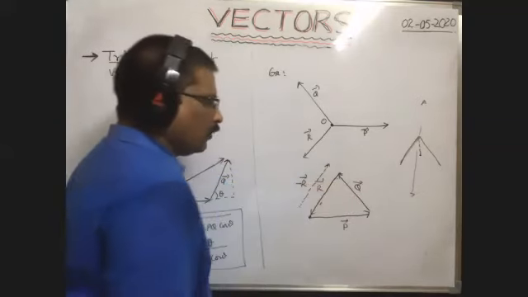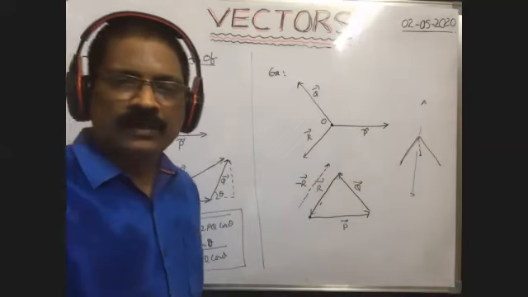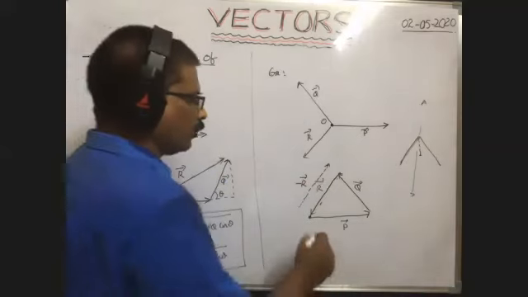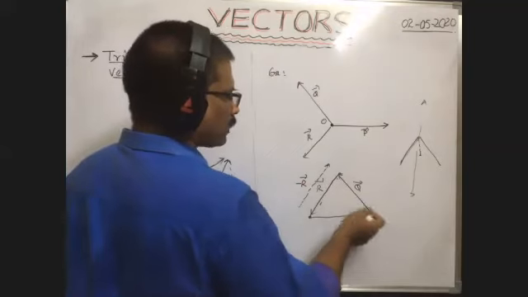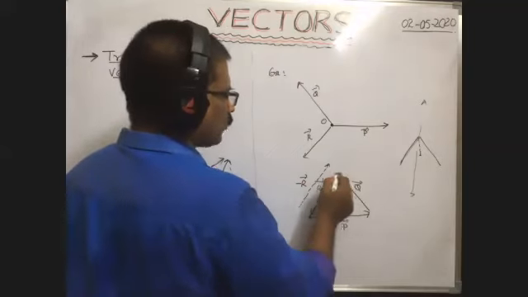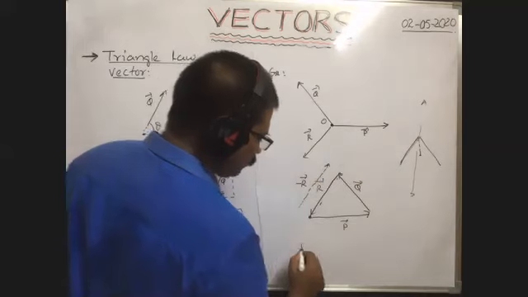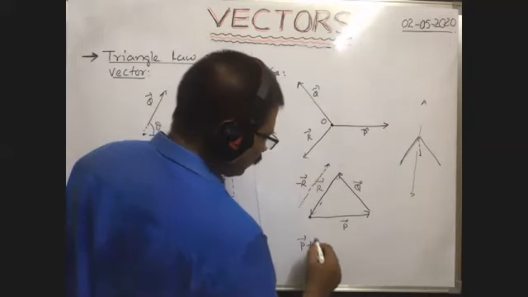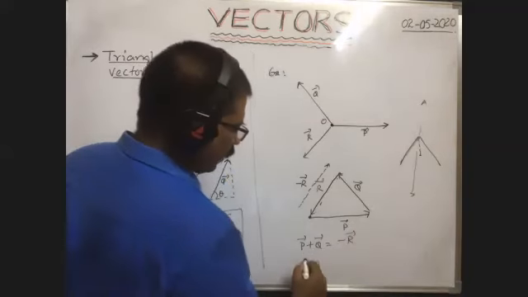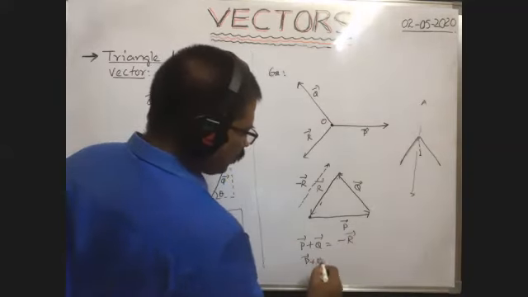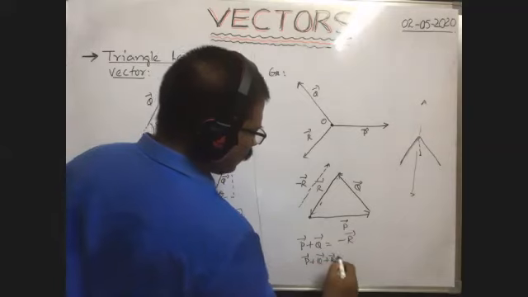When you reverse the vector R bar, it becomes minus R bar. Therefore, applying the triangle law, P bar plus Q bar is equal to minus R bar, or P bar plus Q bar plus R bar is equal to 0 bar.